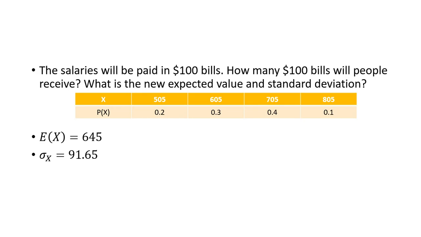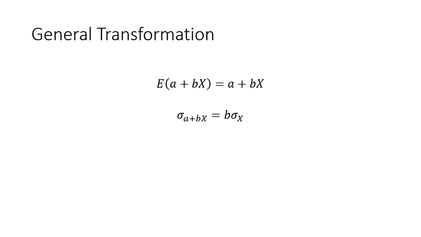Okay? So, general transformations. The expected value of A plus BX is just going to be the original expected value multiplied by B and then adding A to it. So the A is your first change. The A was the increase by $500 example, and the B was dividing by 100.